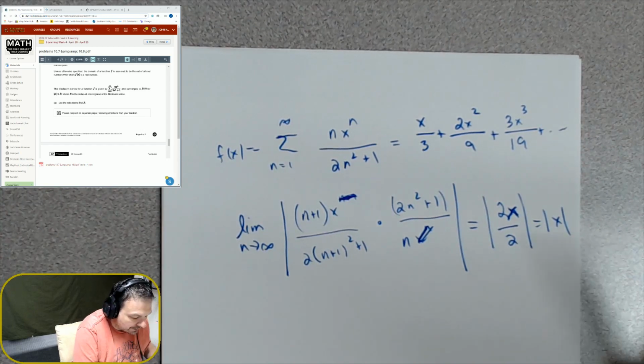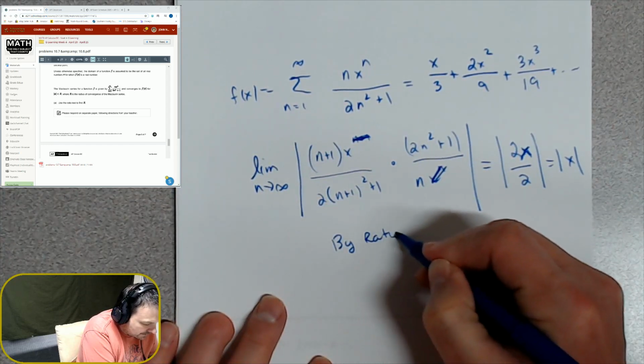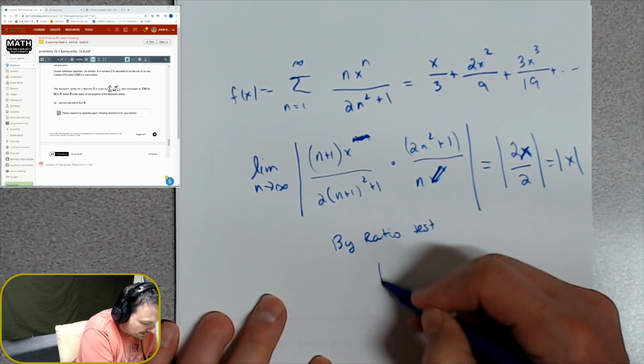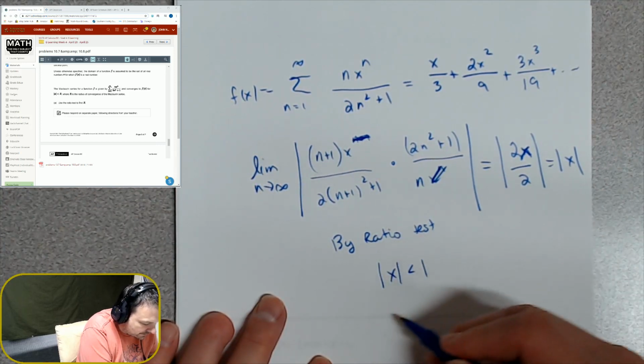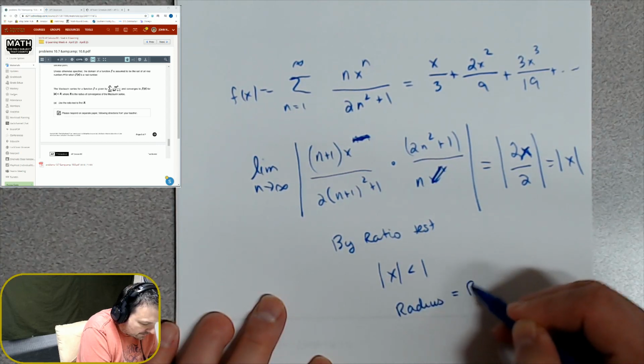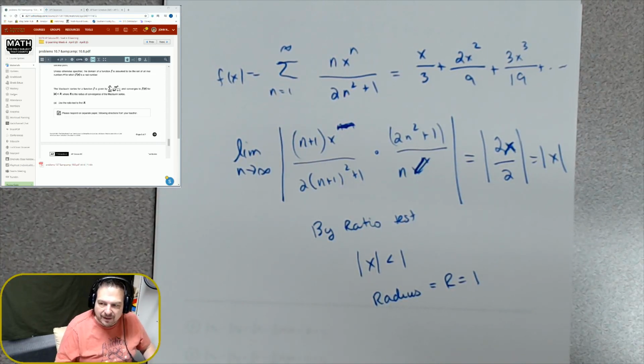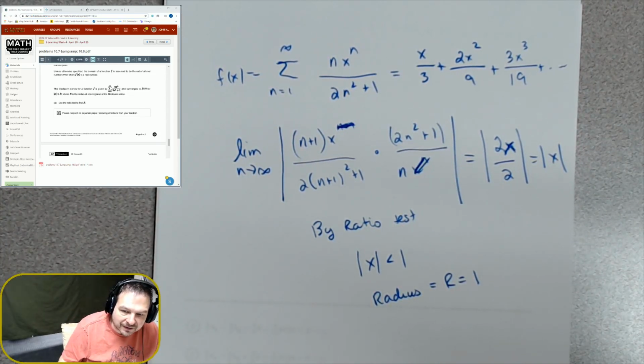And so this converges to x. And now by ratio test, the absolute value of x is less than 1, so the radius, which is r, is 1. Refresh your memory on ratio test. Just a little ratio test there.